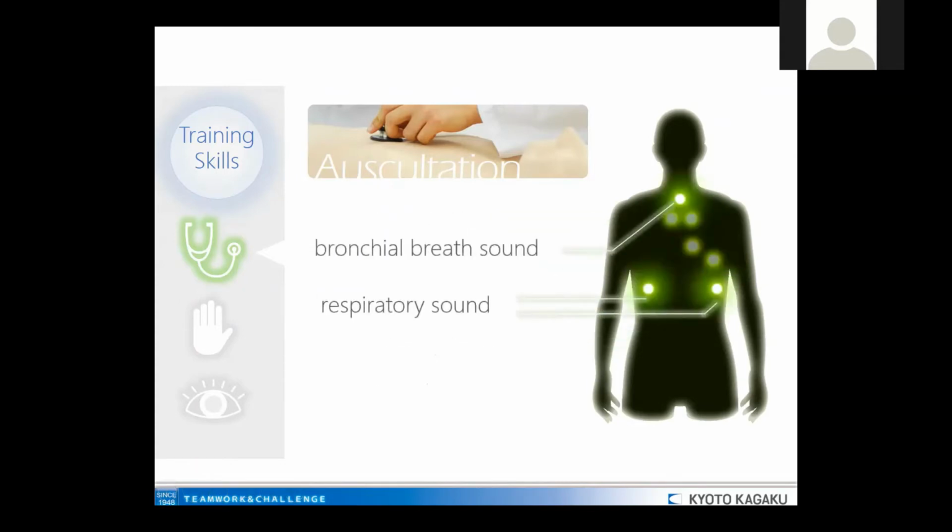And besides the heart sounds, we have, of course, the respiratory sounds on the back, because when you make an auscultation, of course, you are able to hear a little bit the breath sounds as well with the heart sounds together.